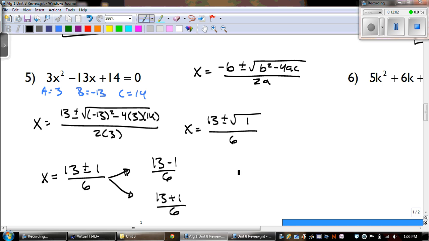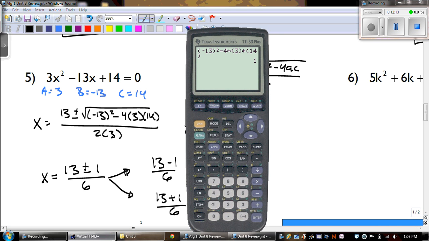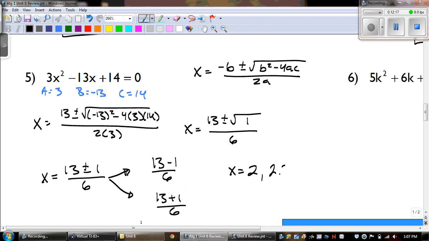And then once you're done, you should get your two answers of x equals 2. And the other one is 13 plus 1 is 14. 14 divided by 6, 2.3. Guys, the other way to say 2.3, I think if you reduce that fraction, it would have been 7 over 6. Okay?